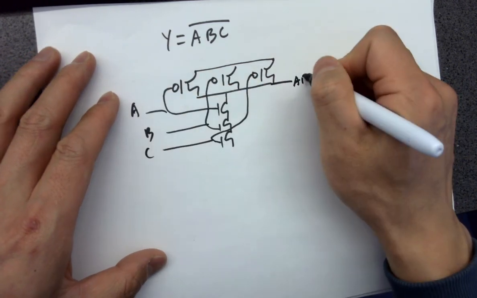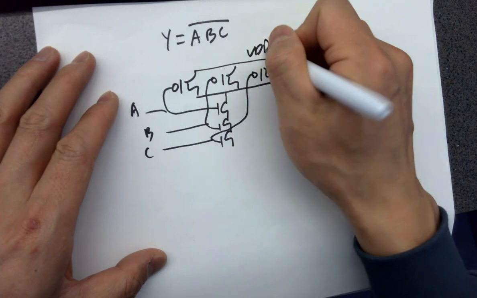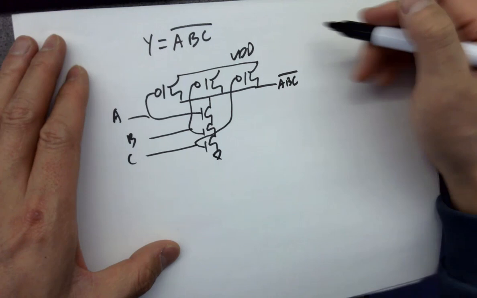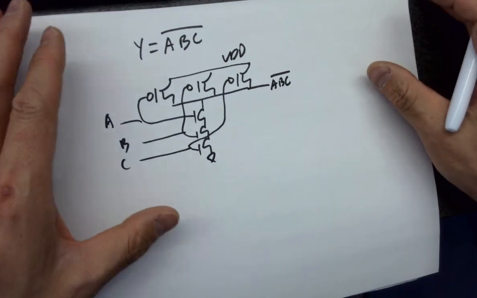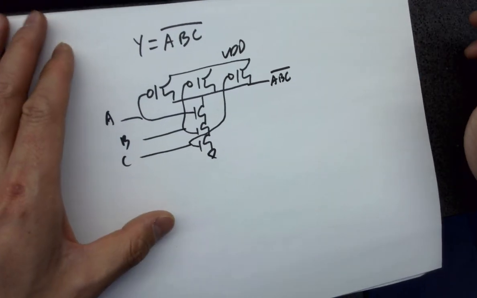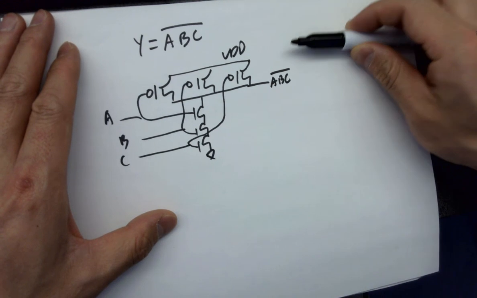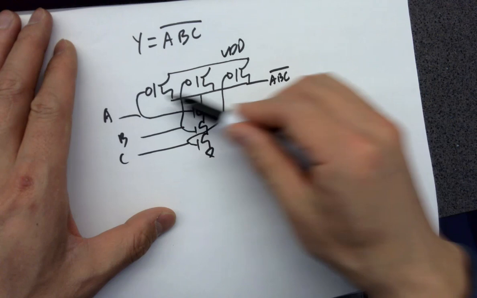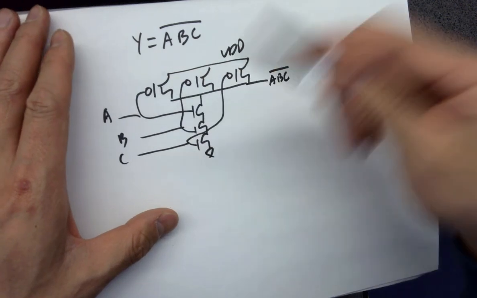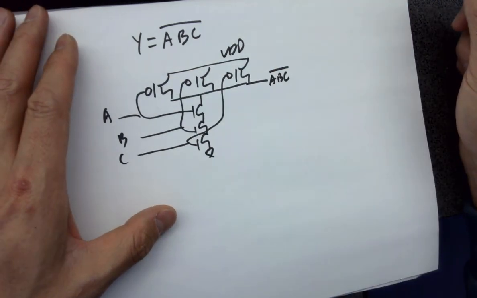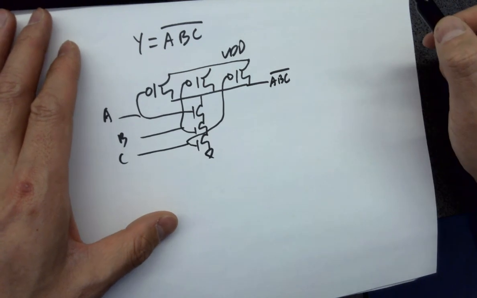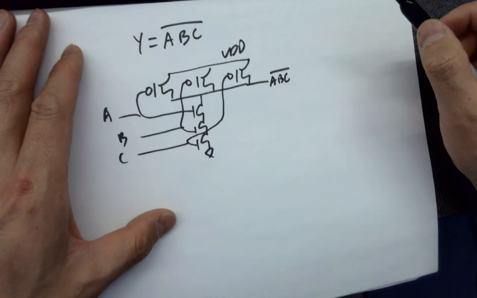So this becomes ABC naught. If you don't believe me, you can just list all the truth table and find out the outputs. It's going to work. 8 entries from 000 to 111. You can go through all of them and look at the PMOS and NMOSes if they are on or off, right? So you can find out the output. Eventually, it's the same as the truth table of the 3-input NAND gate.